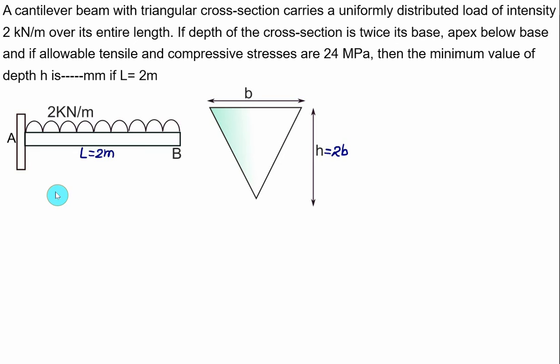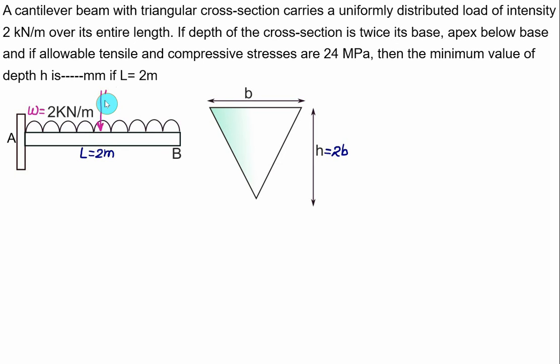Whenever we have a cantilever beam, the maximum bending moment will always be at the fixed end, that is at point A. To find that maximum bending moment, we'll convert the UDL into an equivalent point load. Let's say the uniformly distributed load is represented by W, and we have length equal to L. So the total equivalent point load is W into L, which will act exactly at the halfway point, L by 2.